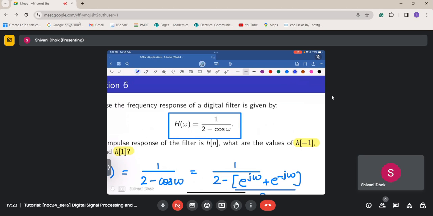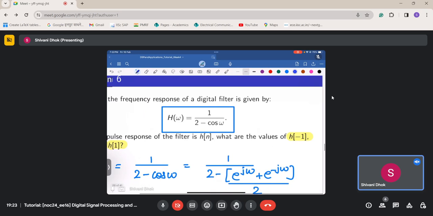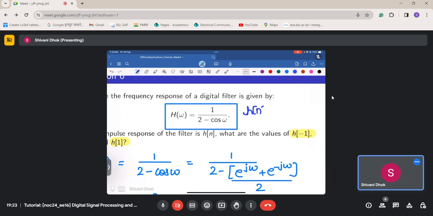Then we can bring it to secant, and from there we can get to tan. But one more thing, in that integration, h of n is equal to 1 over 2 pi integral minus pi to pi H of omega into e power j omega n d omega. So I don't know how this will behave.